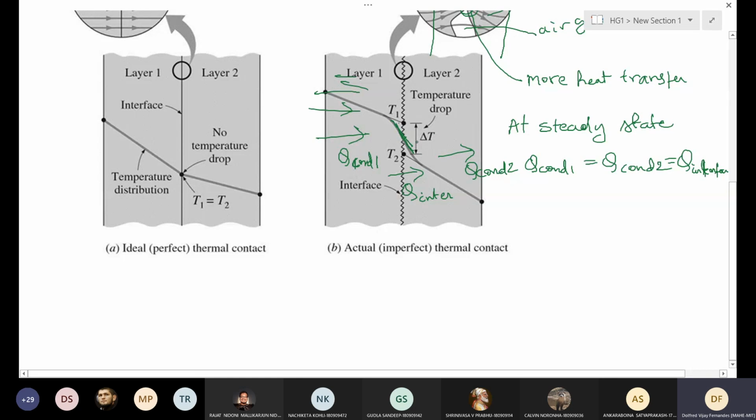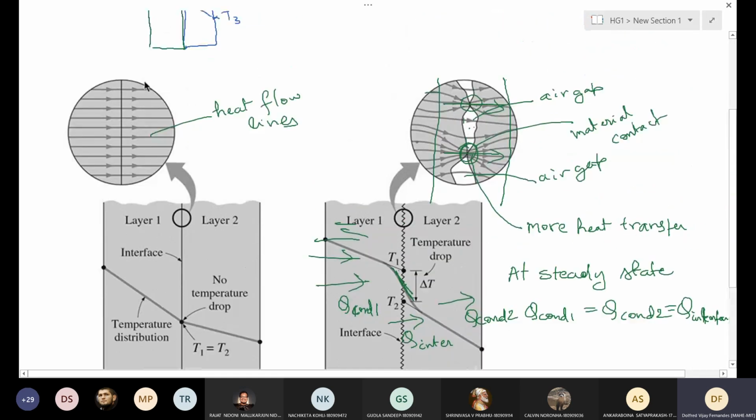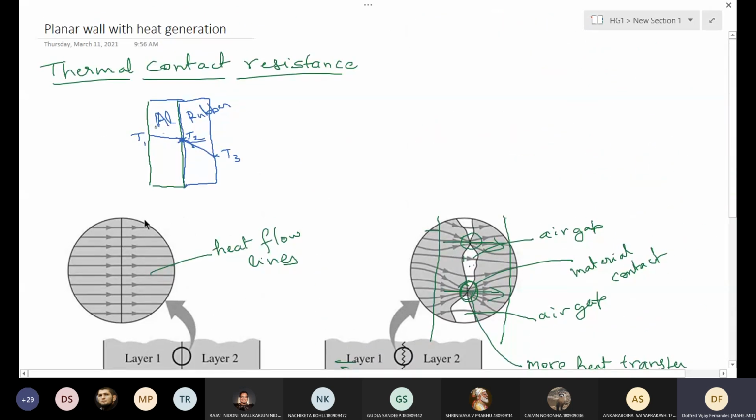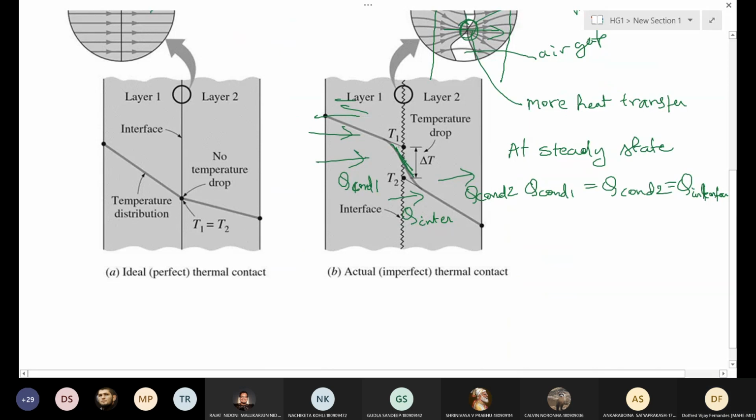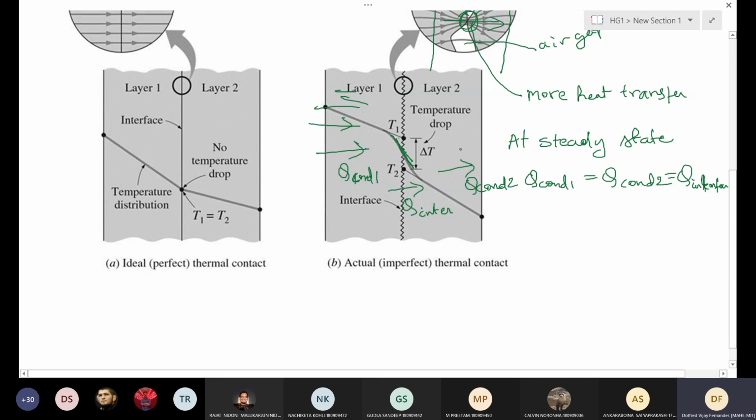And that also reflects in the temperature gradient or the slope of the line, right? Here I wrote, see, aluminum has higher thermal conductivity compared to rubber. So the line slope will indicate whether the material is highly conducting or non-conducting. Same way at the interface, if you look at the temperature profile, there is a huge drop in a small distance. So that will offer extra resistance to the heat transfer.